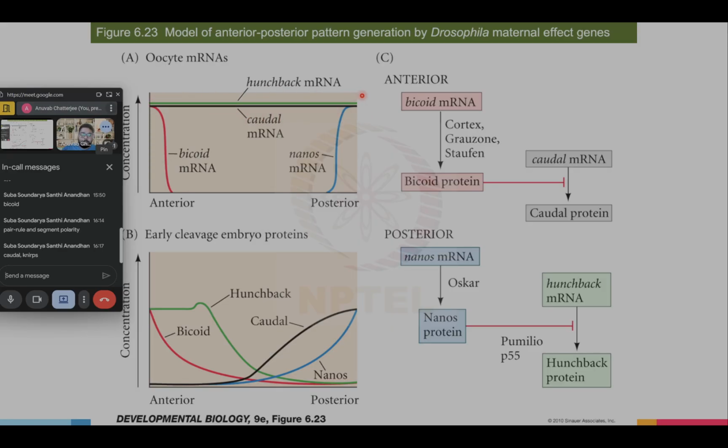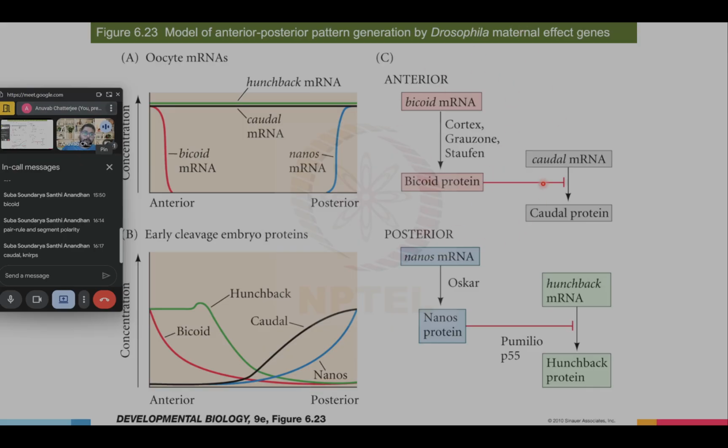So if they were allowed, they would start translating anywhere. But bicoid actually inhibits caudal, while nanos activates caudal. So this is the posterior defining gene, so it is only expressed in the posterior. Similarly, hunchback is the anterior gene, which is activated by bicoid and inhibited by nanos. So it is only present in the anterior part.